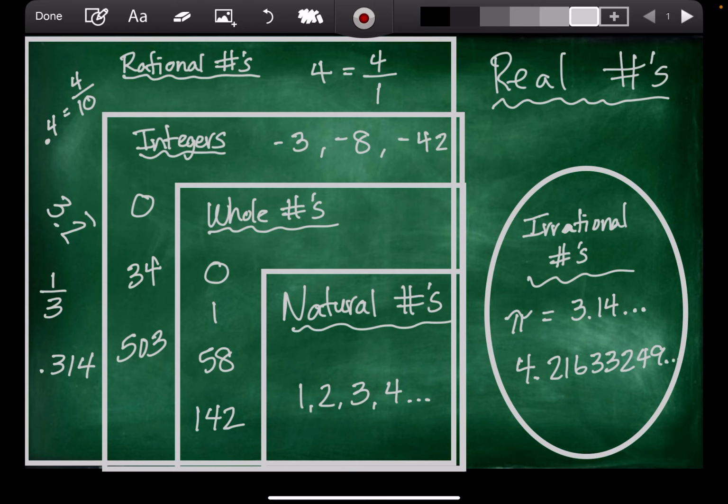So if you have a decimal like that that goes on forever with no apparent repeating pattern, it is an irrational number. And that's the difference between that and rational numbers. With rational numbers, you can in some cases have a decimal that goes on forever, but if it's a rational number, it means it has a repeating pattern.